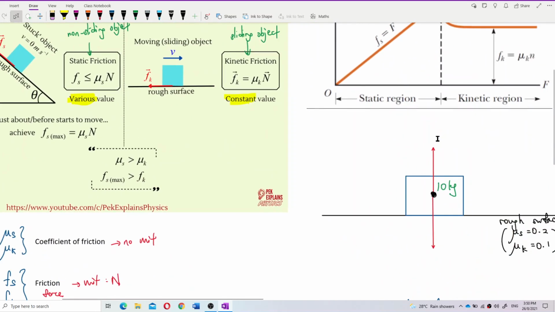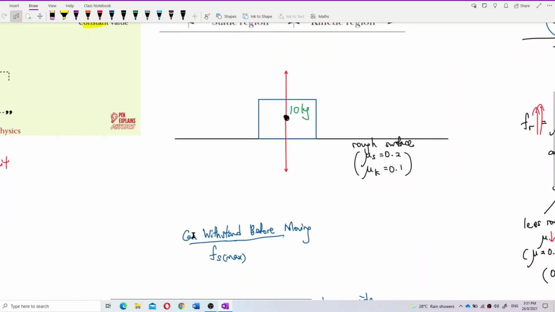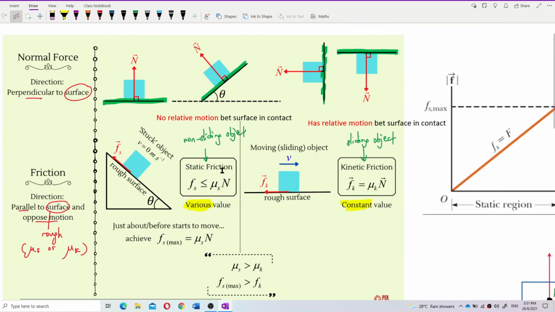Mu s N is the value of friction when the block is just about to start moving, where the surface achieves maximum static friction, mu s N. So let me tell you about static friction first.